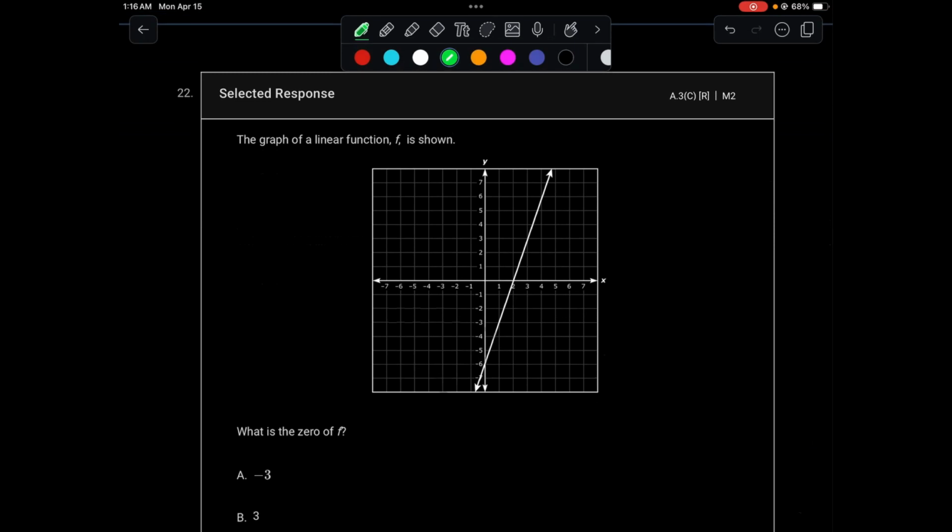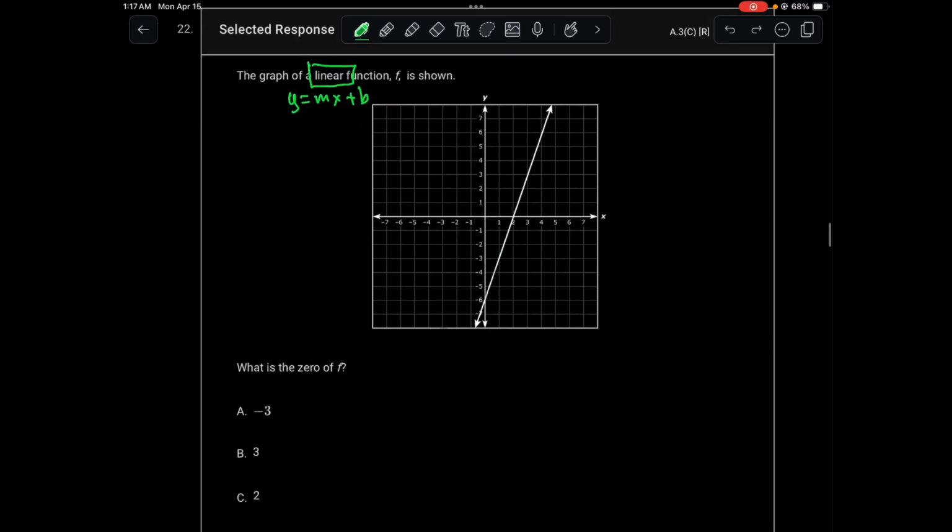22. The graph of a linear function. Okay, linear means y equals mx plus b. The graph of a linear function f is shown. What is the 0 of f? Again, when it says 0, that's the x-intercept. Why is that? Because here's my linear function.